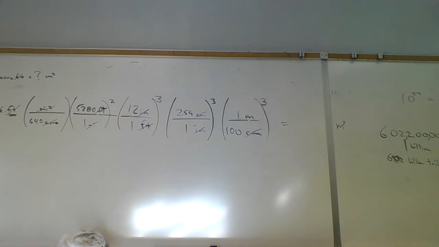And so 3.44 times 10 to the 6th divided by 640, times 5280. This is 5280 squared, times 12 cubed, times 2.54 cubed, divided by 100 cubed equals.